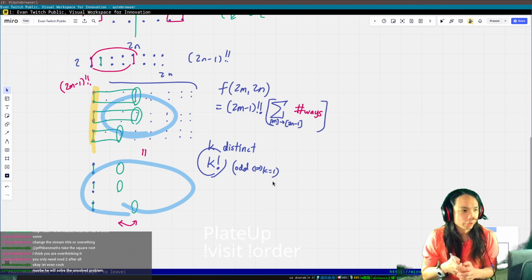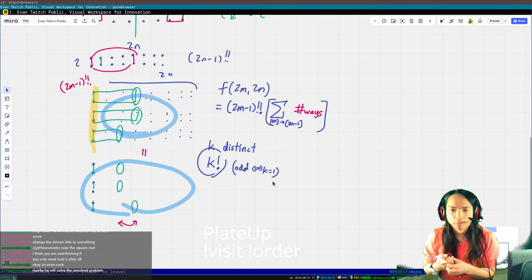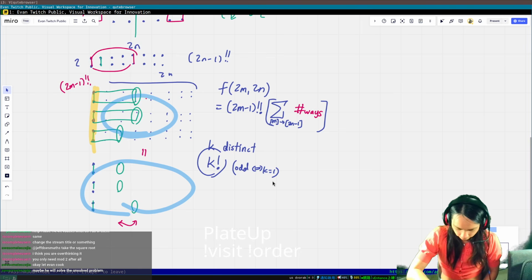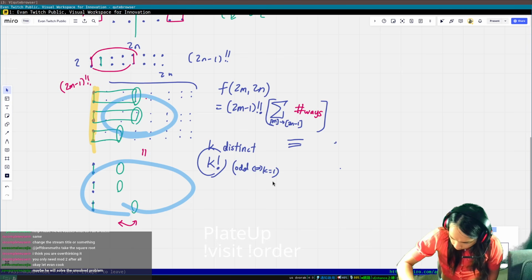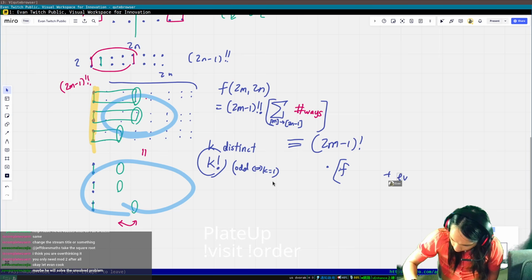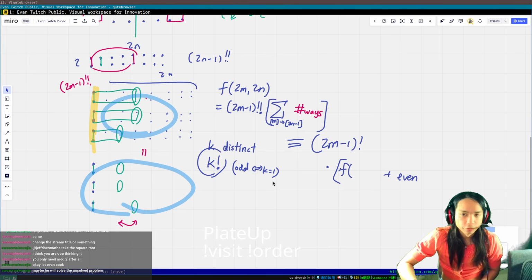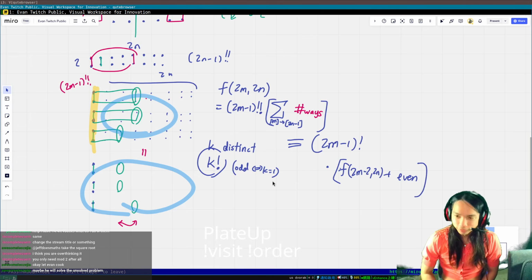And in general, if the range of the function has k elements, then that term appears k factorial times. So all of this stuff mod 2 will die except for the constant functions, so the point is plus even. And then after that, it's dropped by 2.